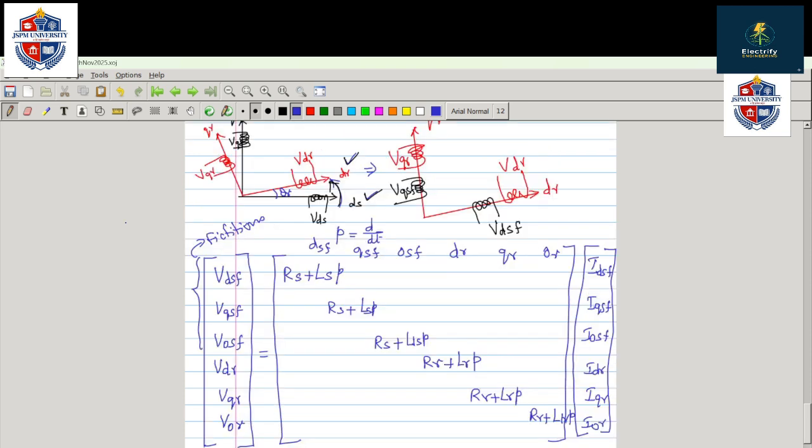Now if you see here, DSF and QSF are perpendicular, so we will have the speed EMF term. Both are self-inductance, so we can write LS into omega R. Omega R is nothing but d theta R by dt, the electrical speed of the rotor.